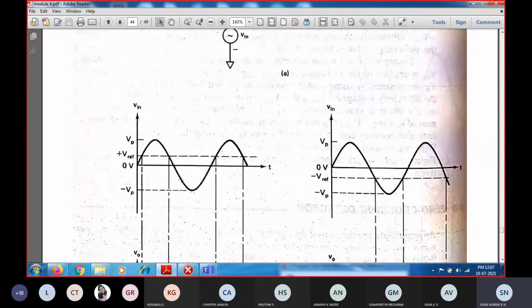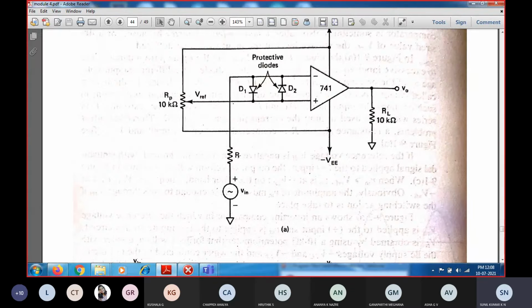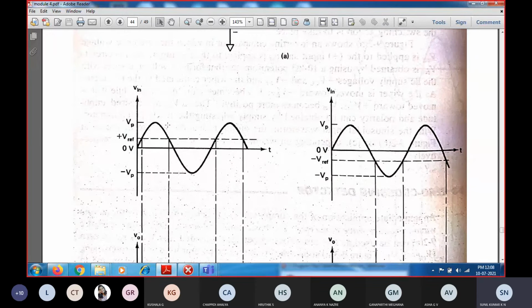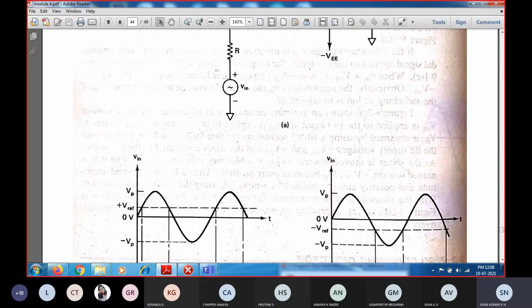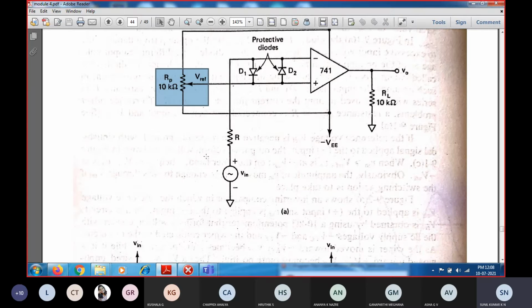So this is a circuit for a non-inverting type of comparator. We are going to check what the voltage is. In order to identify the reference voltage, since it is given at this terminal, I can go with this circuit.